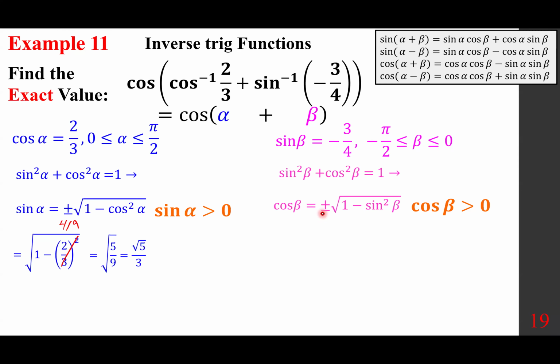So you choose the positive one and you replace the sine of beta with negative 3/4. So this is 9/16. 1 minus that is 7/16. The 7 remains, the 16 comes out as 4.